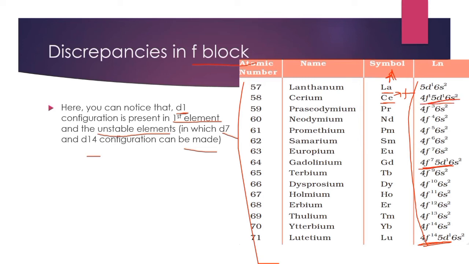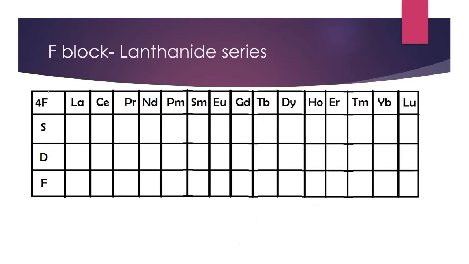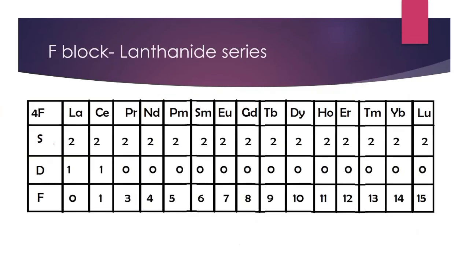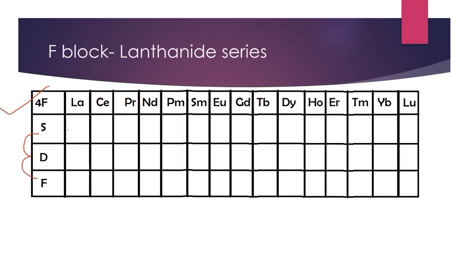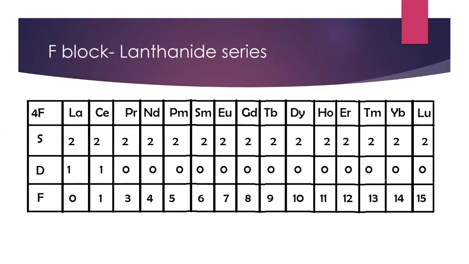Okay. Make your chart like this: s, d, f. Now fill up the s orbital with 2 each, the d orbital with 1 here, 1 here, and fill up 0 here fully. Then the f orbital with 0 in this one, because it is a d block element and all these are f block elements, and fill up the f orbital in this order.